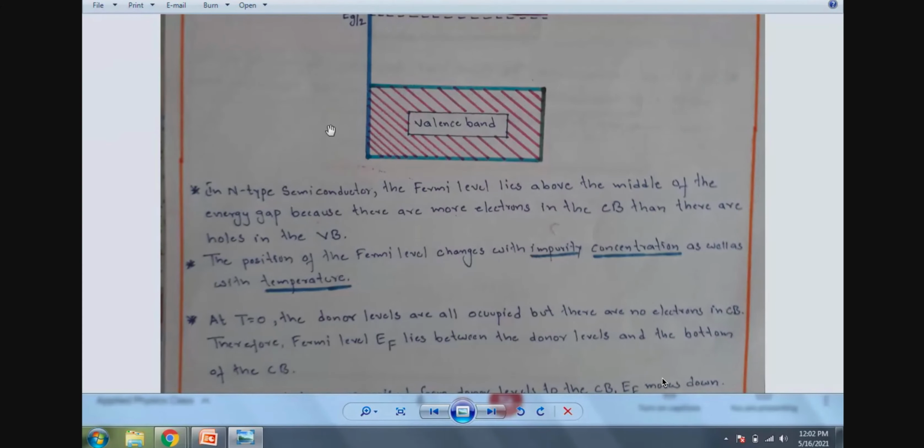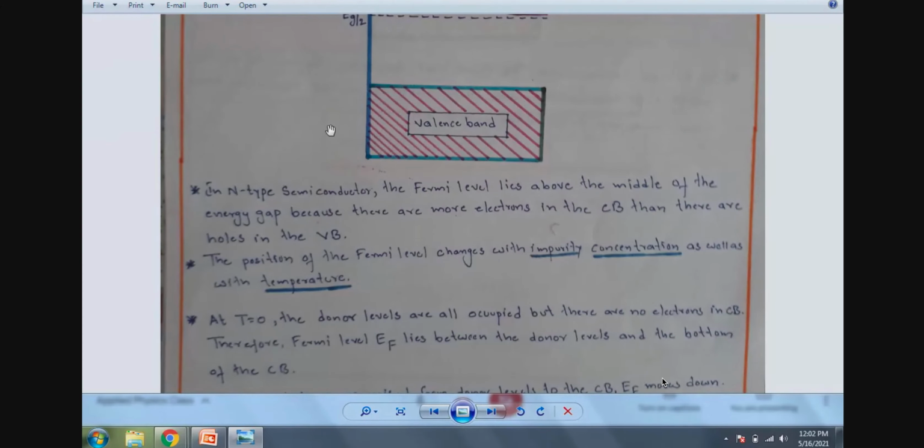Why? Because in an n-type semiconductor, all donor atoms are present here. All donor electrons are present in this donor energy level, isn't it? At 0 Kelvin, no electron is excited to the conduction band.